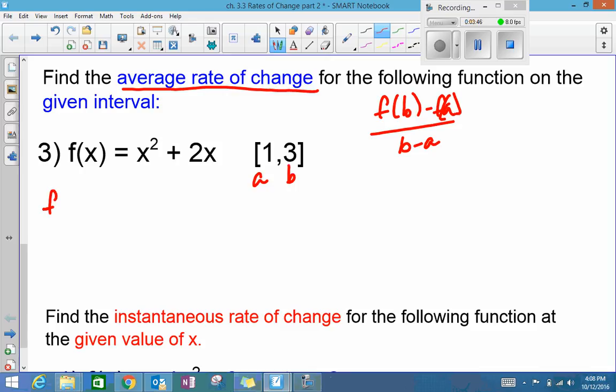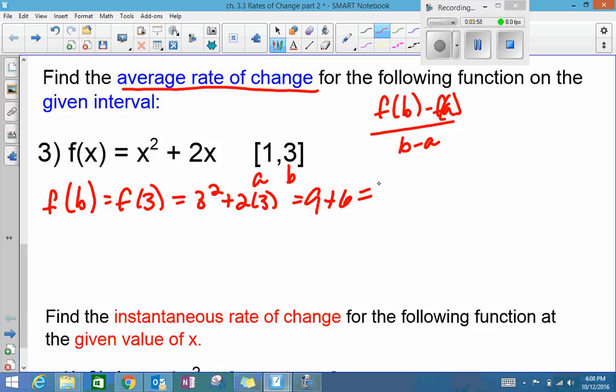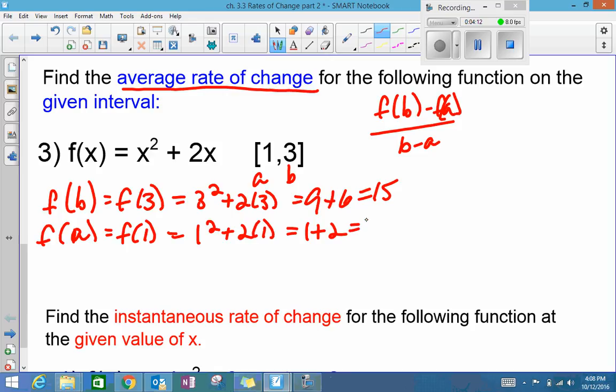So f of b is going to be f of 3, which is 3 squared plus 2 times 3, which gives us 9 plus 6, gives us 15. f of a is f of 1, which gives us 1 squared plus 2 times 1, which gives us 1 plus 2 equals 3.